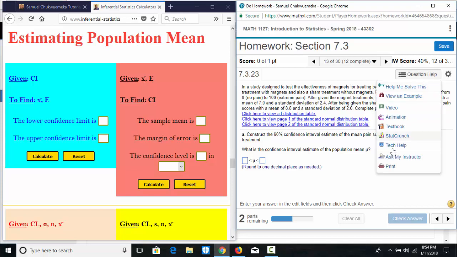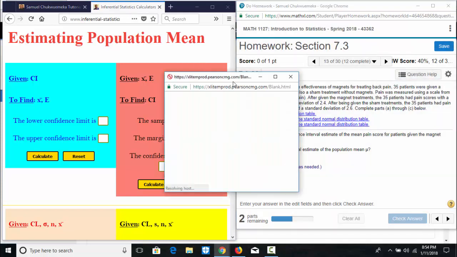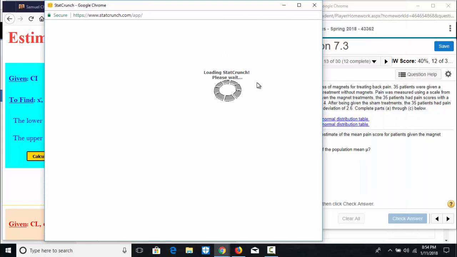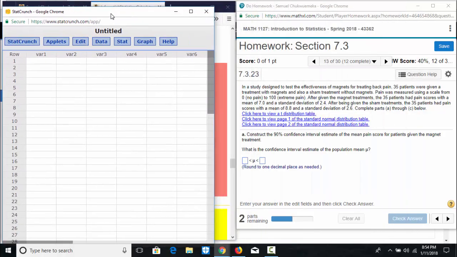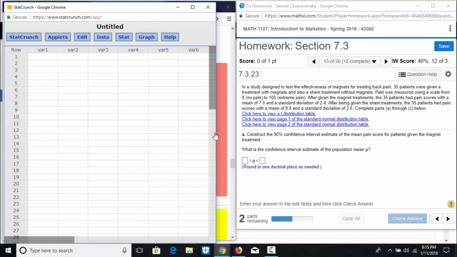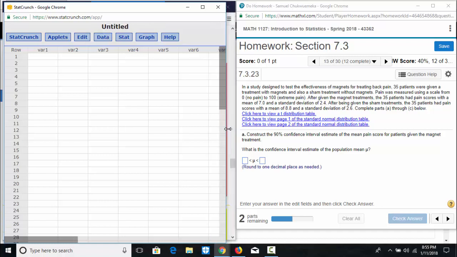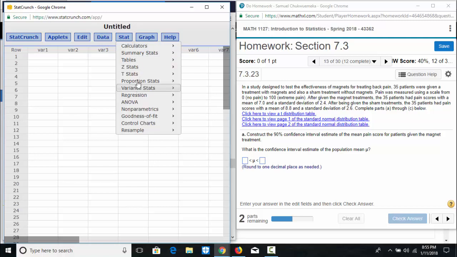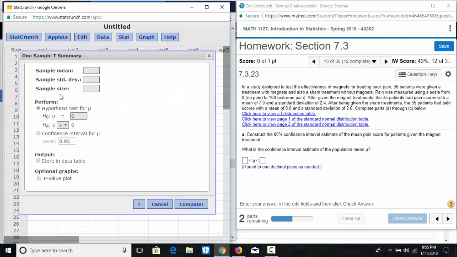So we go to question help, StatCrunch. We were not given the population standard deviation, so we are going to use the T. We'll use T-stat. So start, T-stats, one sample with summary. They gave us a summary.